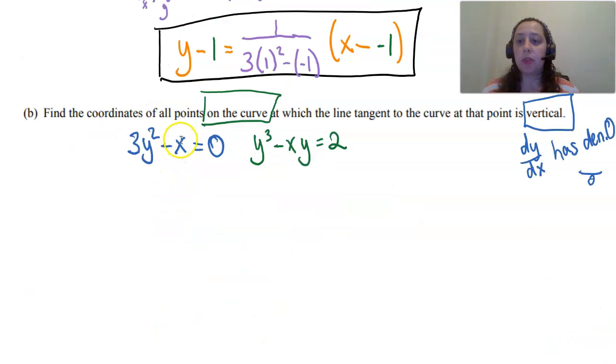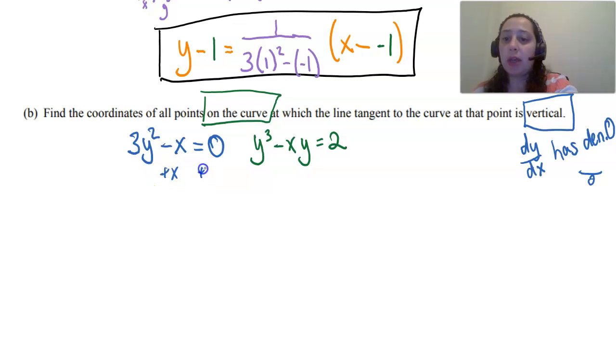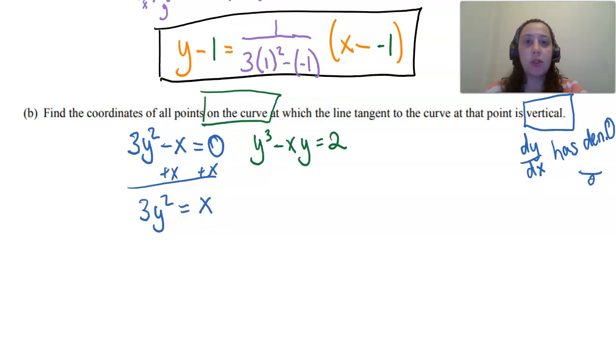The first thing I'm going to do is solve for x here, because that looks like it's the easiest part. So if I add x on both sides, that's just going to give me 3y squared equals x. So I've solved for x. I got x by itself. Now I'm going to take my x value as this function and put it in for x over here.